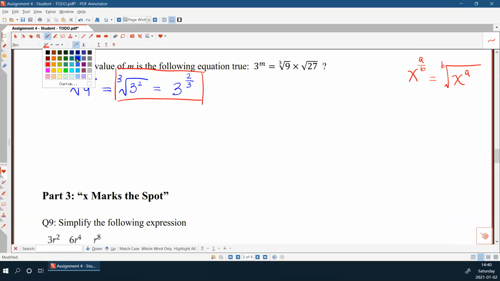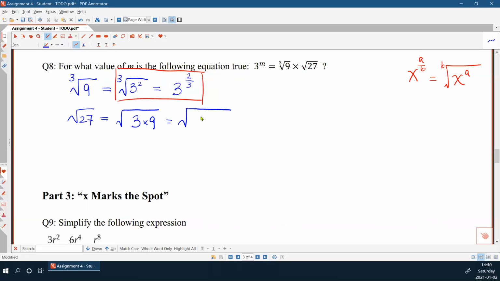So the first term, we successfully converted the first term to 3 to some times. The second term is square root of 27. Okay, 27 can be rewritten as 3 by 9, right? 3 by 9 is 27. And 9 is 3 to the twice.